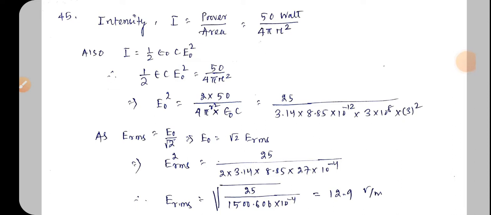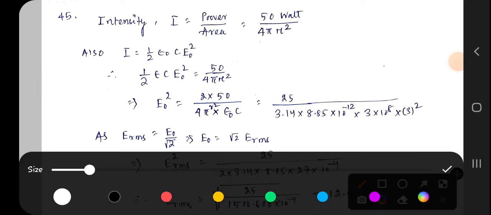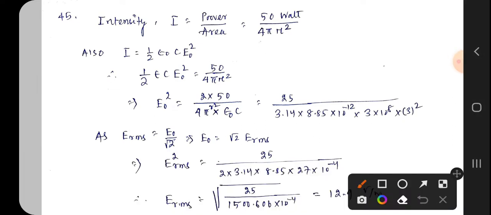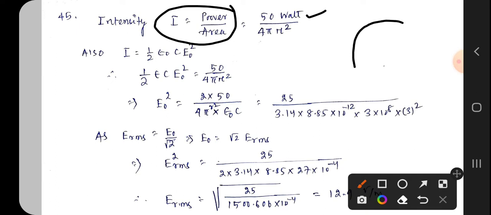So according to the question, what are the given conditions? We know that intensity I equals power per unit area, and the power given is 50 watts. Suppose we consider a sphere, and this is the point source where a source emits light.